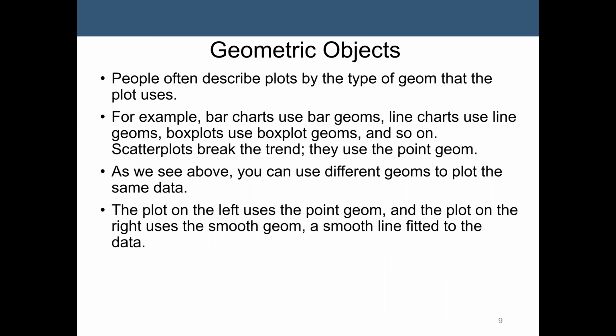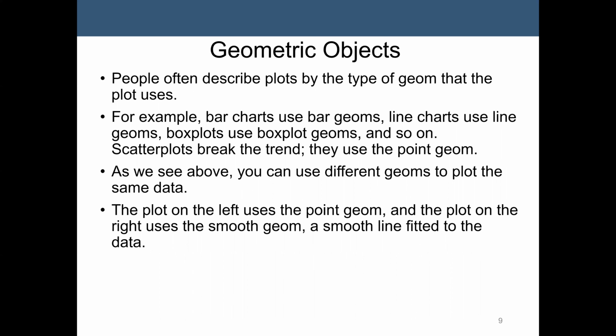For example, a bar chart uses a bar geom, or geometric object. A line chart will also use a line geometric object. A box plot may use a boxplot geometric object, and so on. But scatter plots break the trend.